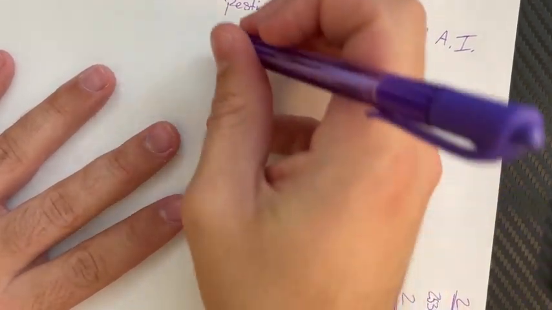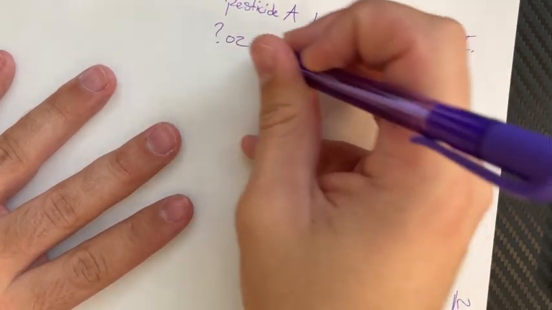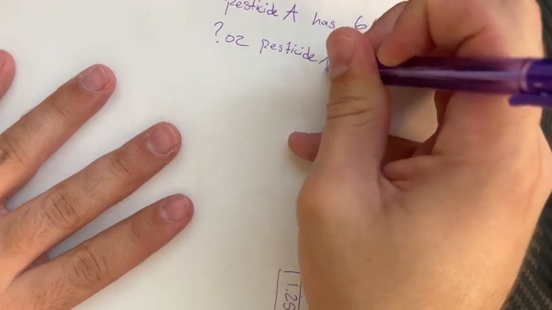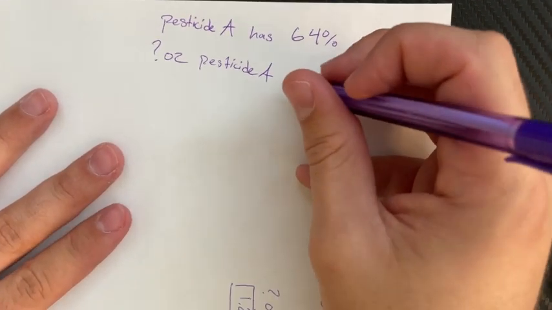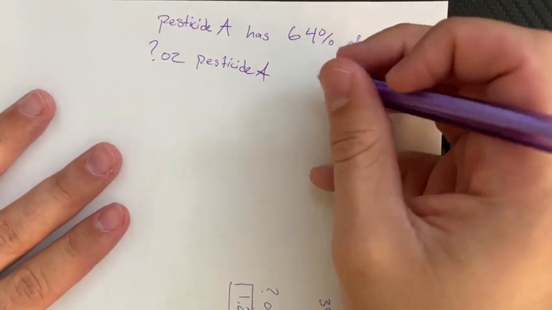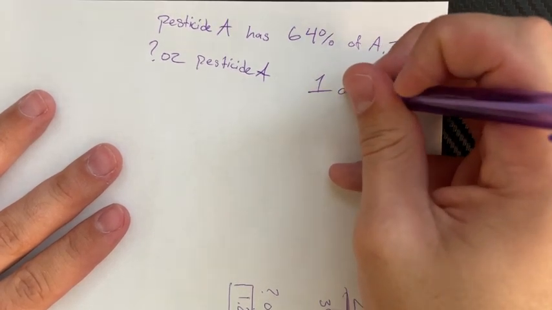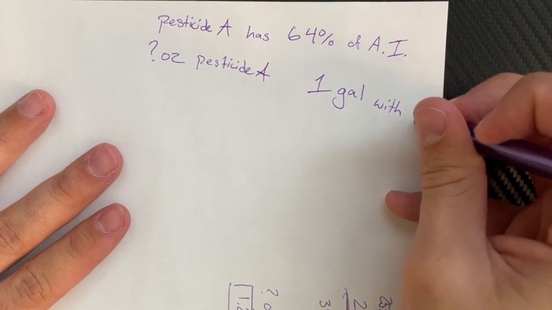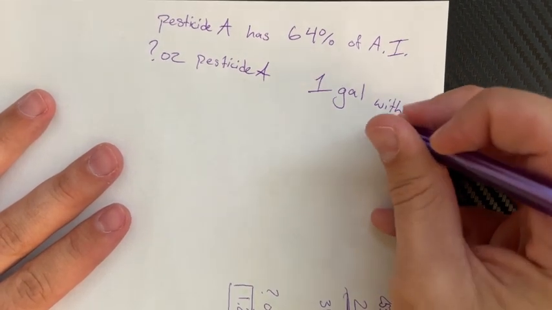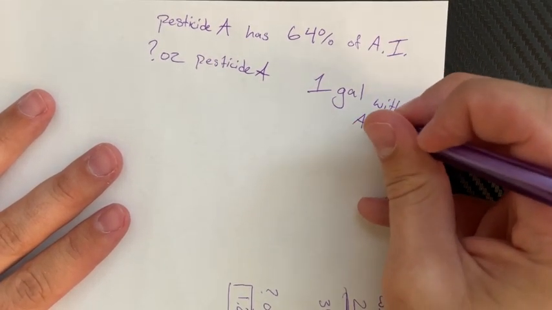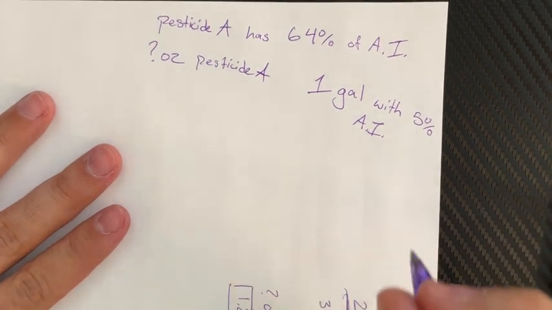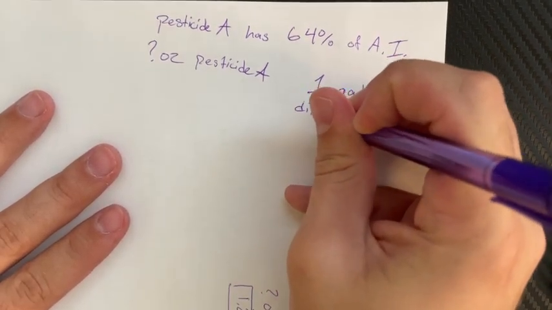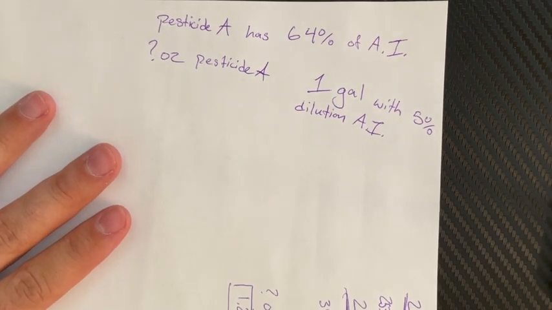And we want to know how many ounces of pesticide A do we need to add to make 1 gallon with 5% of that gallon being the active ingredient. And it'll say 5% dilution of the active ingredient. That's what that means. Okay?